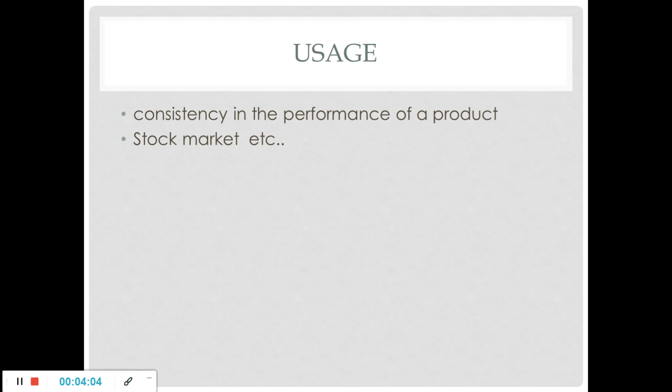Two examples are like this. It is used to test the consistency in the performance of a product. Suppose you want to test whether the output given by a specific product is different from a similar product produced by a different company. In that case, you can use the F test.